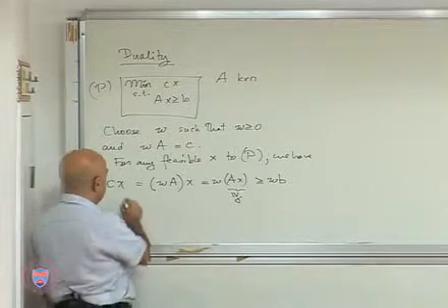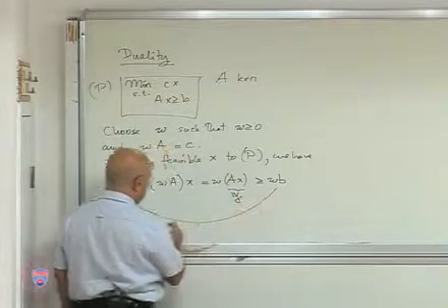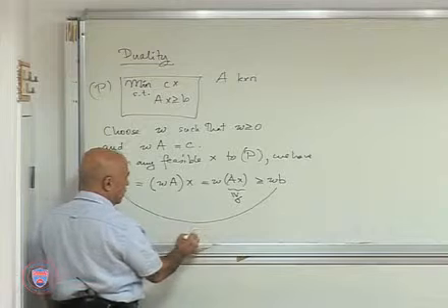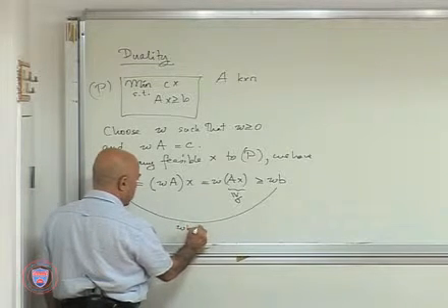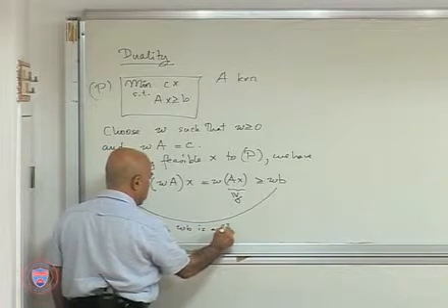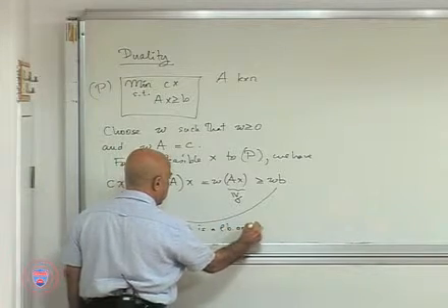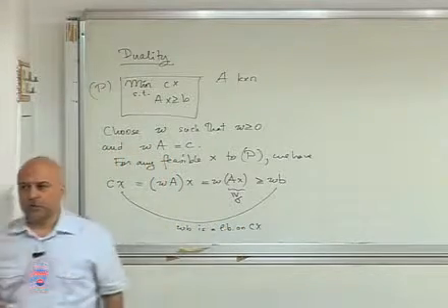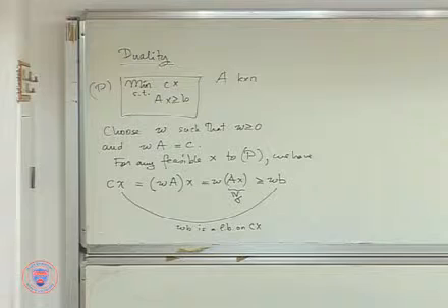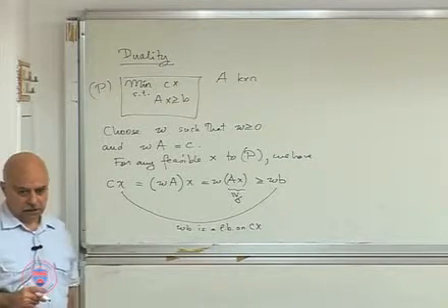Okay? So that tells you that WB is a lower bound on the objective value of the minimization problem for any feasible x.